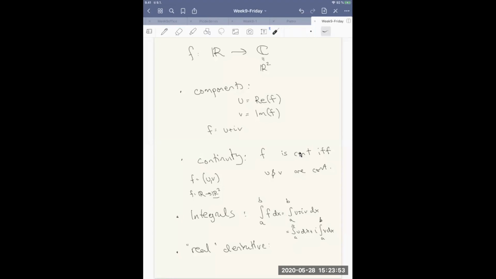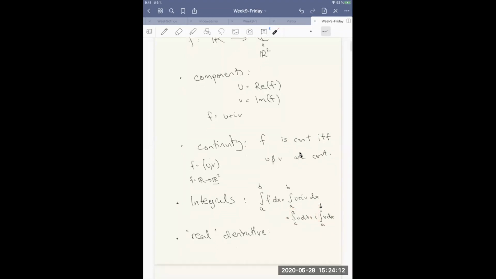This way, we reduce it to two real integrals, and if you want to define integrable, then you say that f is integrable if both its real and imaginary parts are integrable. But mostly we will be talking about continuous functions, so all of these integrals will automatically be defined.